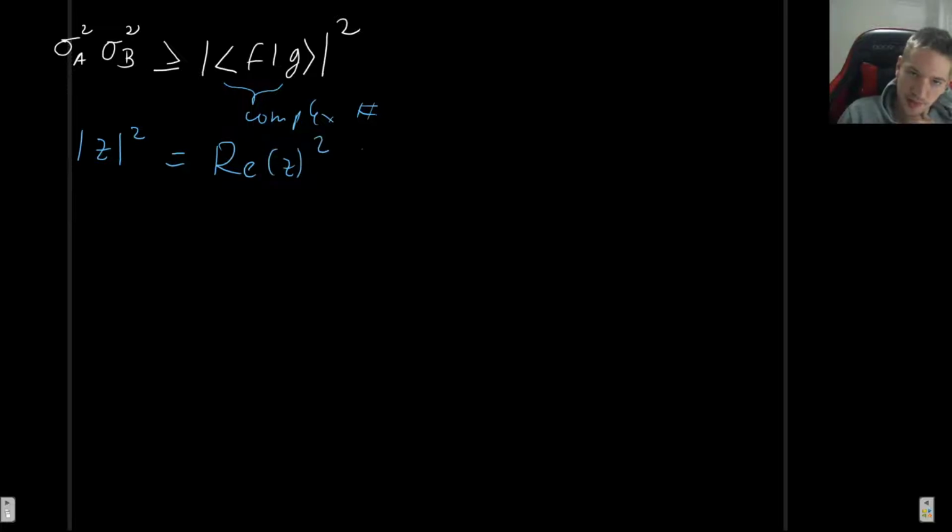Now, what is this? This is the modulus of some complex number. Remember, inner product is some complex number. So let's just call it, for example, z squared. Now, what is this? This is going to be the real part of z squared plus the imaginary part of z squared.